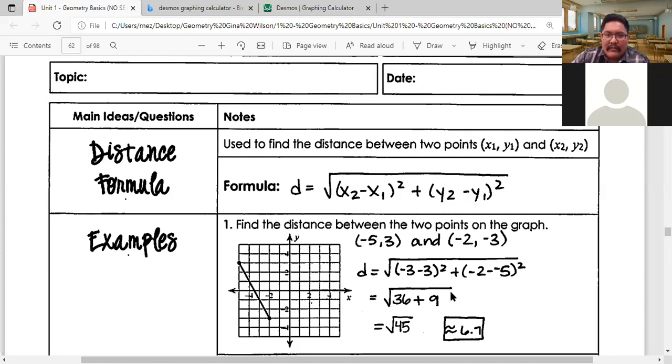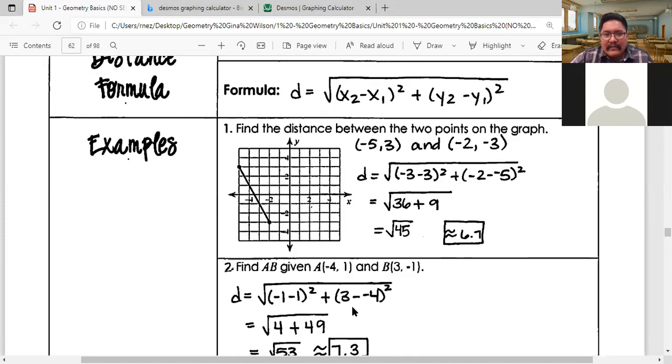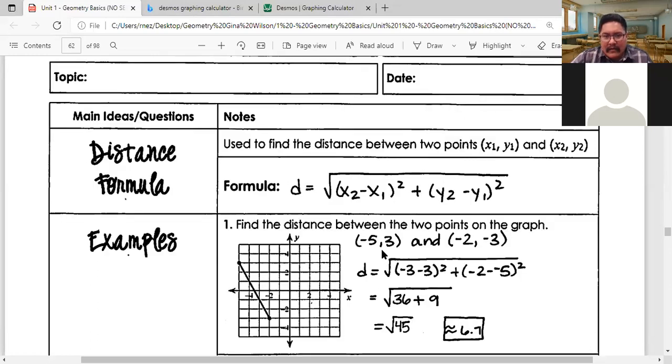And for this first one, I'm gonna go ahead and let you know what's going on with it. So what they're doing is they wanna find the distance from here to here. Now, with that, they are gonna plug these in.